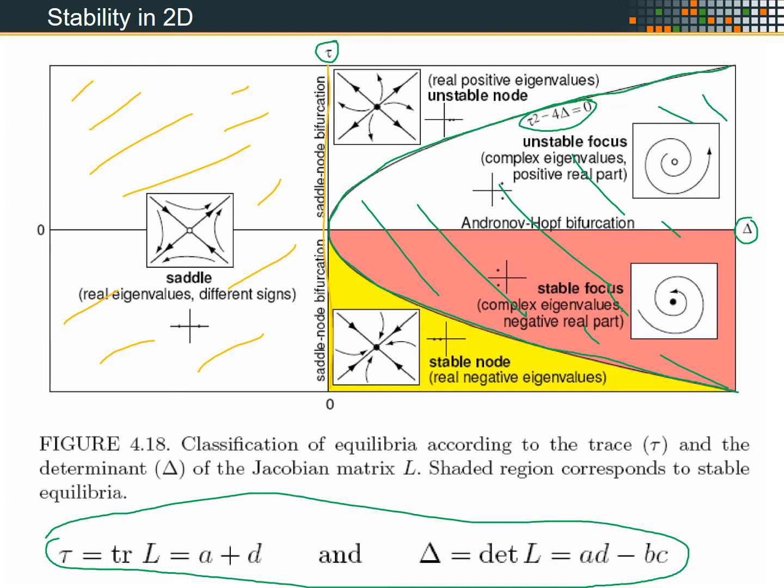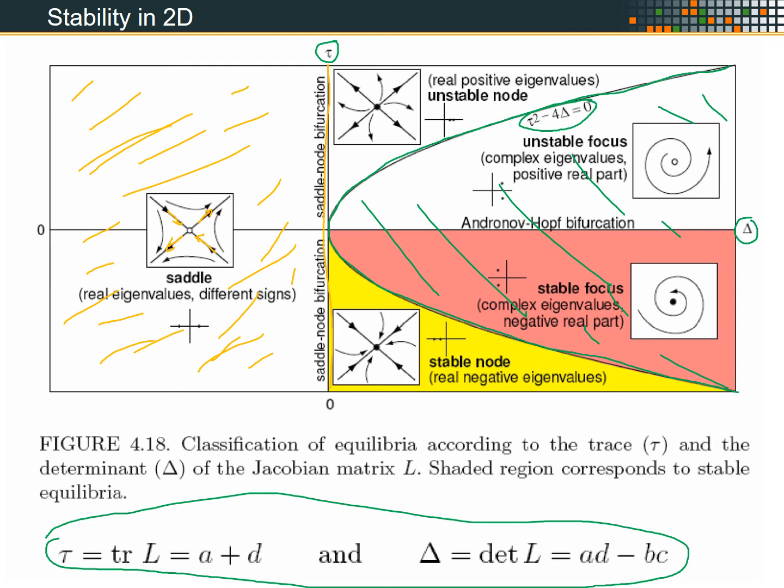The result of this is a so-called saddle node that is attracting in this direction, for example, and repelling in this direction. Since it's repelling in one of the two directions, a saddle node is always unstable. So that means the orange left-hand side contains all the unstable fixed points.